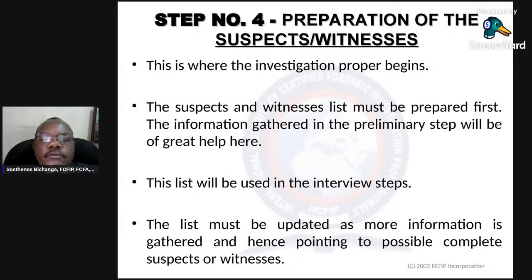The reverse is true. If you find that the person who was initially mentioned as a suspect is proving to be a very good witness, then you edit the list, moving that person from the suspects list to the witnesses list.